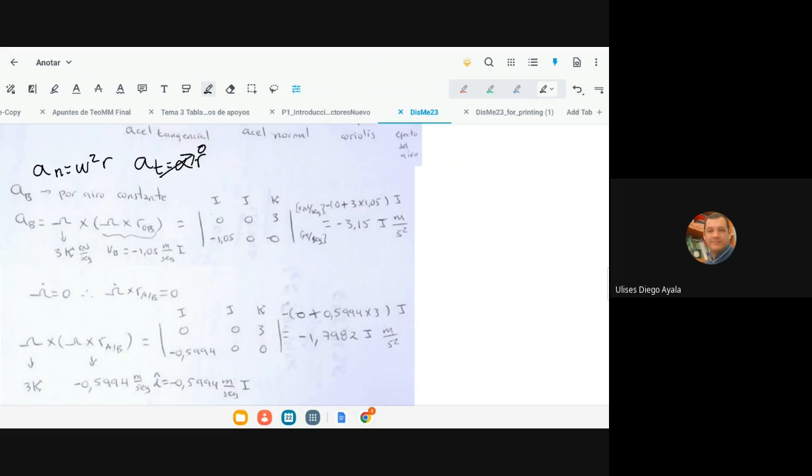So you have two normal accelerations applying given the movement of this, but with different distances. You are examining two locations. The effect of this rotation in two different locations. That's why you have the same.